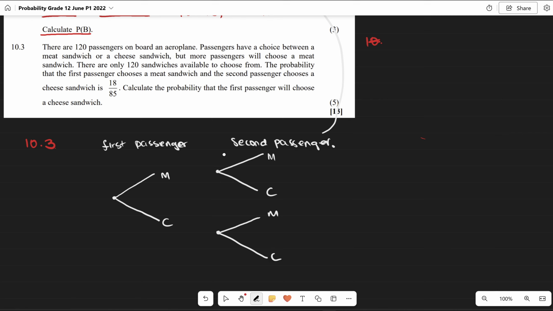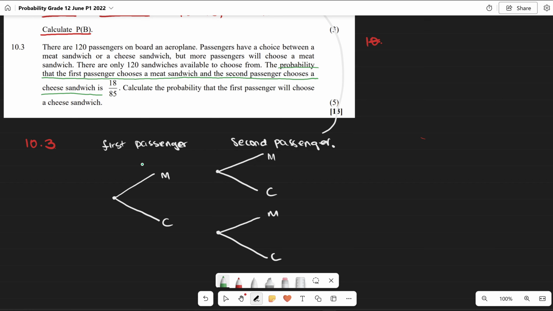So what information are we given that we can include in our diagram? They said the probability that the first passenger chooses a meat sandwich and the second passenger chooses a cheese sandwich is 18 over 85.